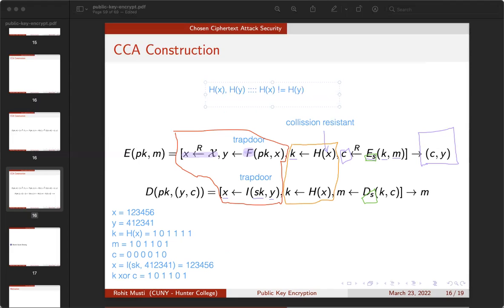If your hash function was just H of x equals x mod 10, then H of 11 equals H of 21 equals 1. This would be a very bad hash function because it is not collision resistant. So when we say it's collision resistant, H of 11 would never equal H of 21. Does that make sense, David?